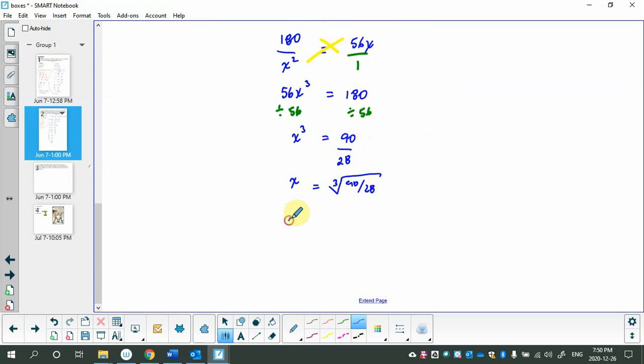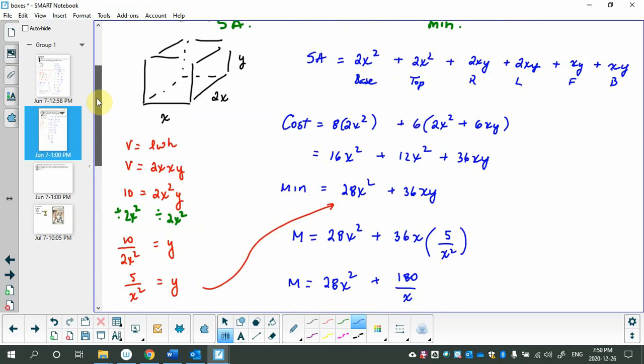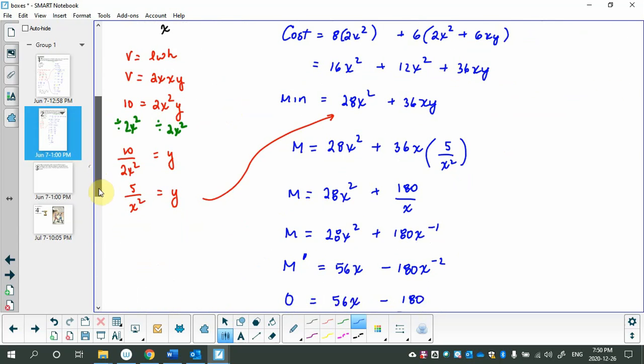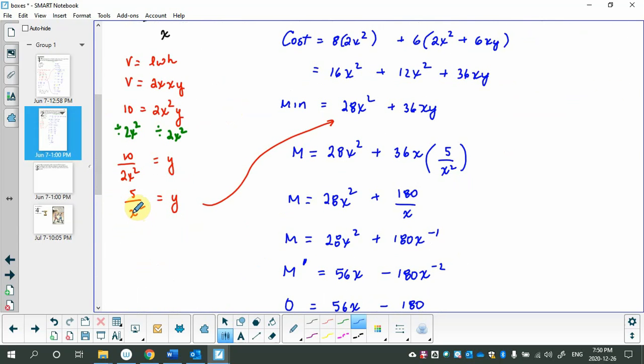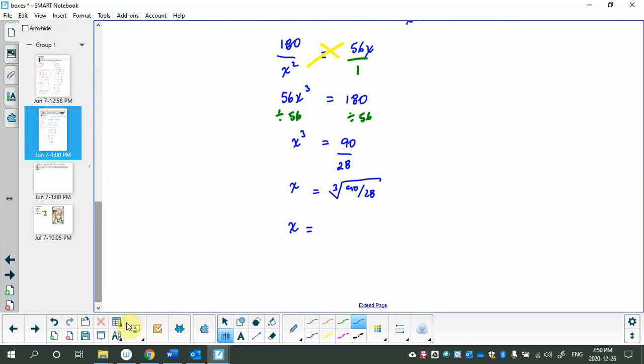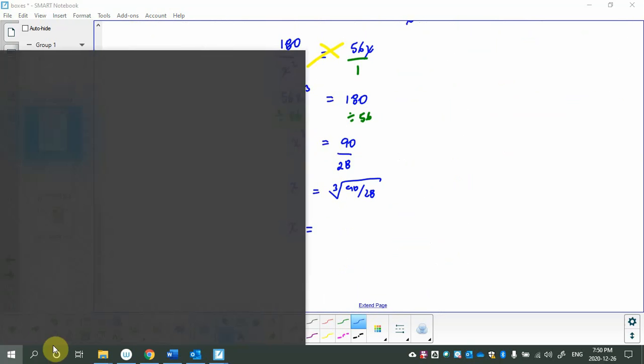We get that. So once I figure out this quantity, I will have this side. I can then double it to find this side, and I can put the x value in here to find the y side. So it all hinges on me being able to figure that out.